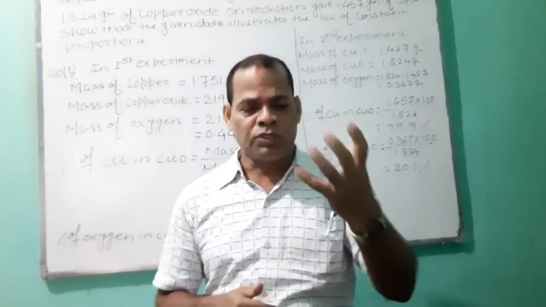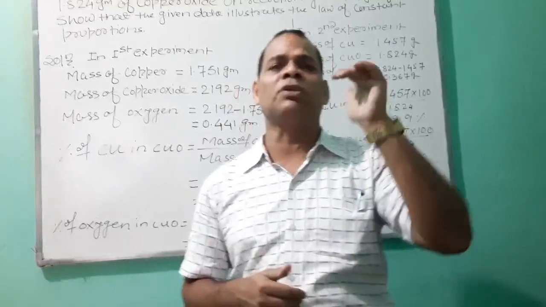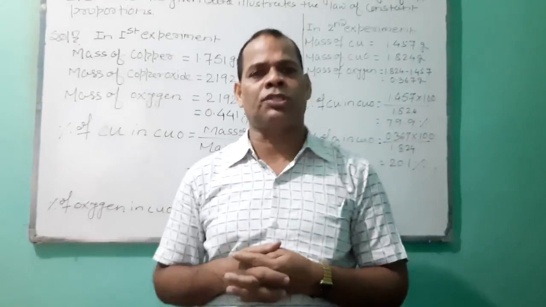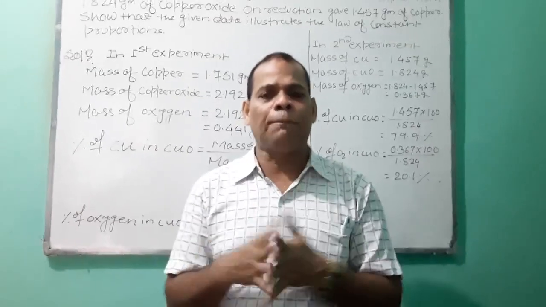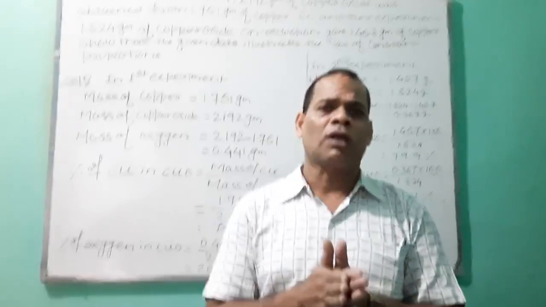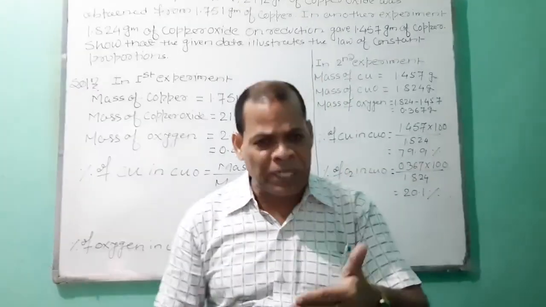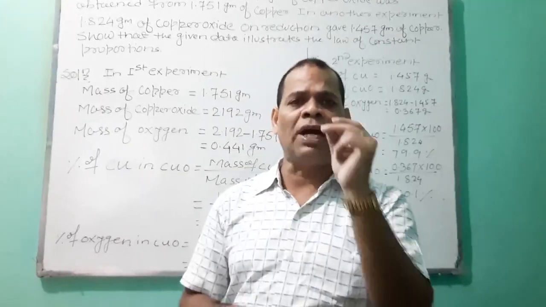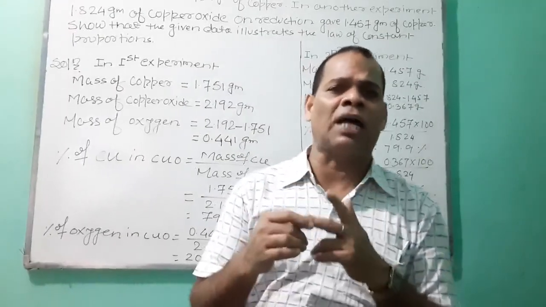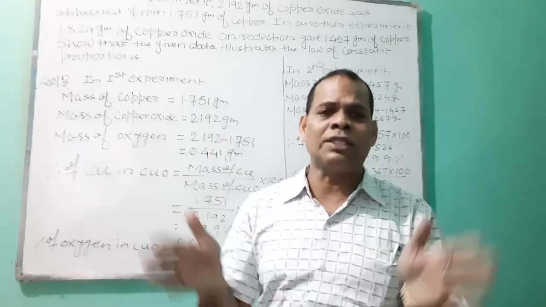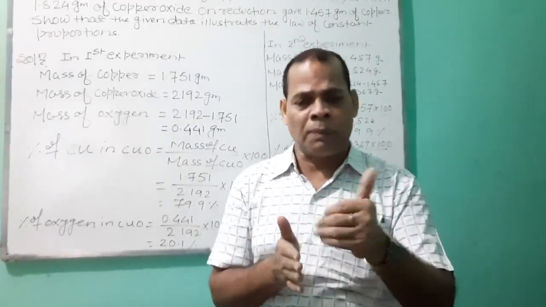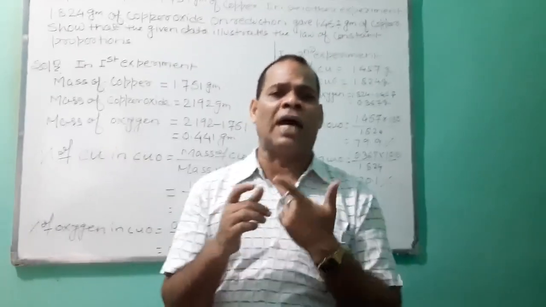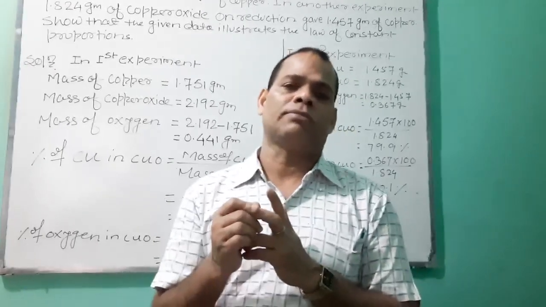If you take a pure sample of water from different places and let it undergo the electrolysis process, in all the samples we obtain only two elements, that is hydrogen and oxygen.